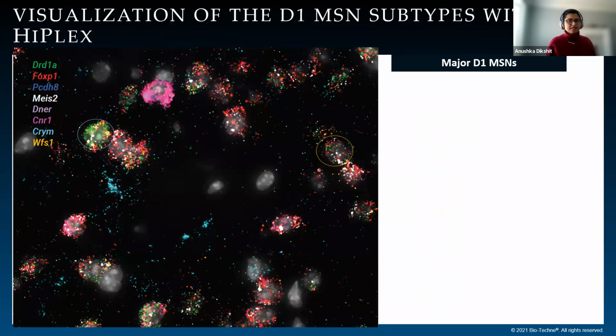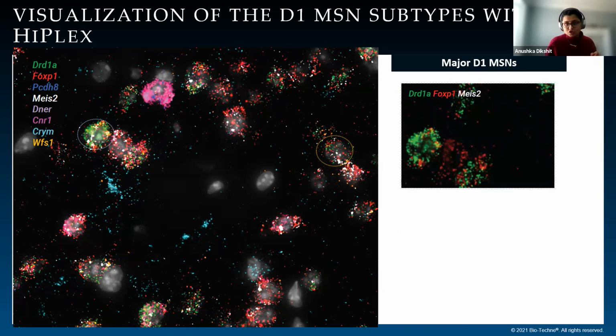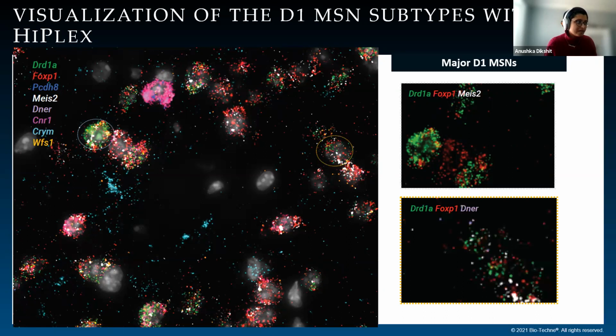So here you can see that we have visualized a set of targets specific for the D1 population of neurons. And this allows you to see how well this assay works to give you that single cell and single molecule resolution, where now we can visualize these targets with spatial context and even identify the subpopulations of the D1 neurons, where you have subpopulations that express a set of targets versus this set of population that express a different set of targets.